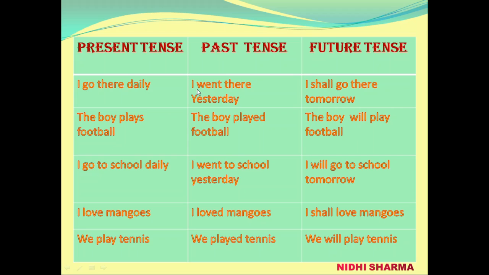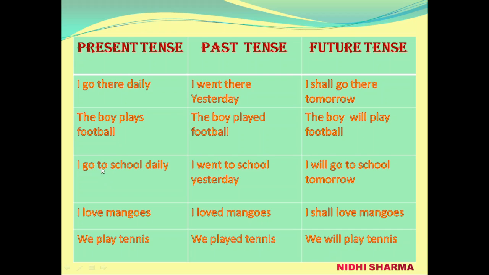So here went is the second form of verb, and yesterday also tells us that the action was already done in the past. I shall go there tomorrow. So tomorrow also tells us that the action has not taken place, so the action will happen tomorrow. Go is the first form of verb and we have added shall before the verb.